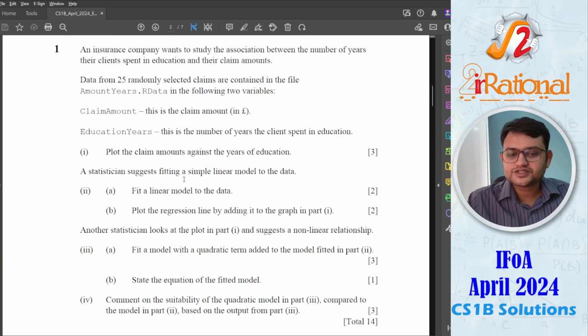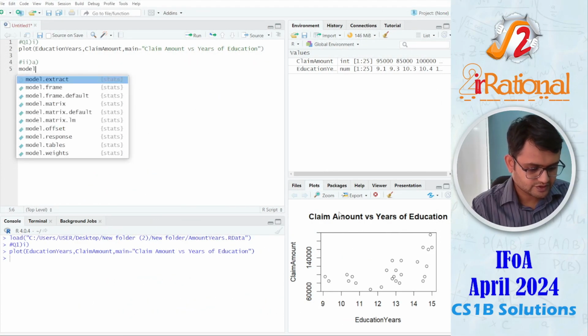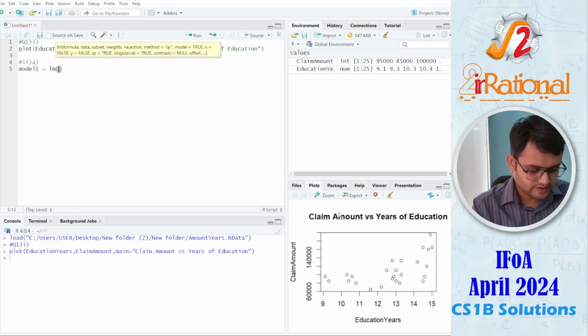A statistician suggests fitting a simple linear model to the data. Second A, fit the linear model to the data, and B is plot the regression line by adding it to the graph in part 1. So first, let's say model 1 is linear model. Here Y is the claim amount, follows X is education years.